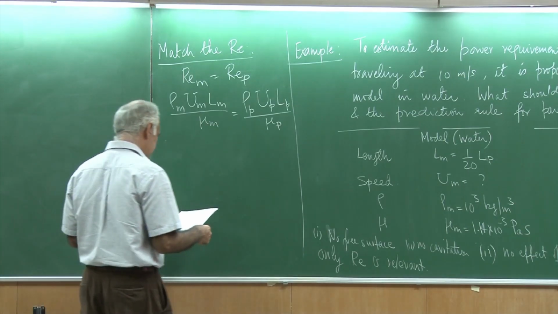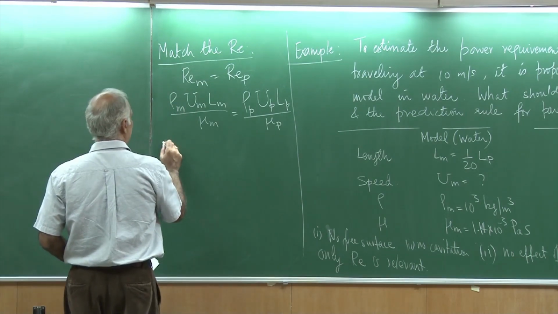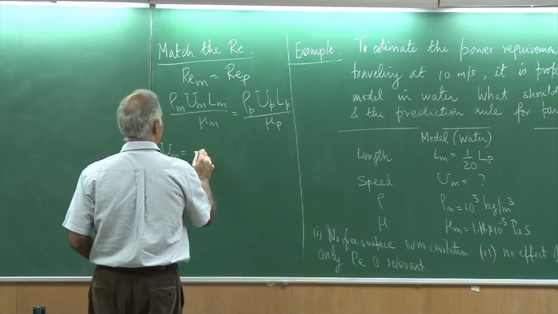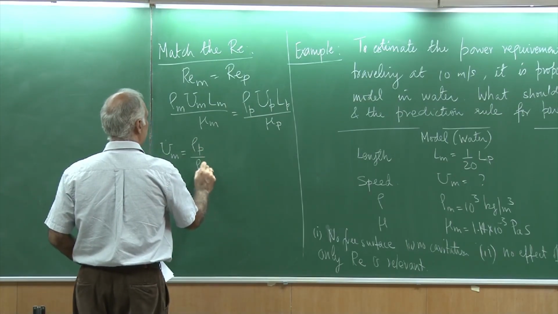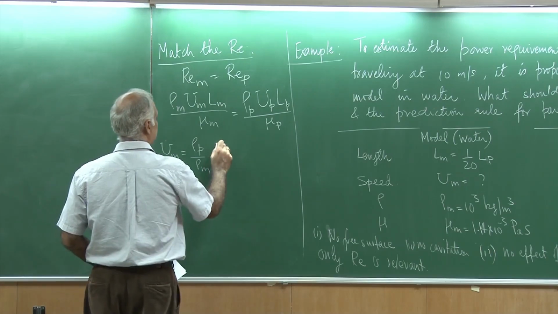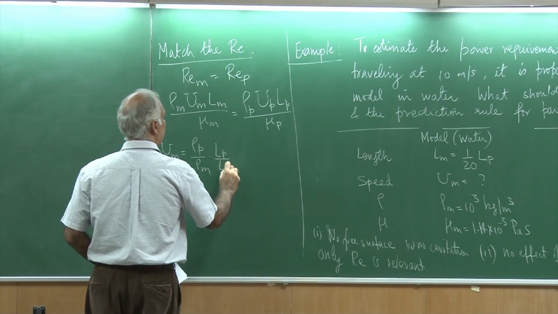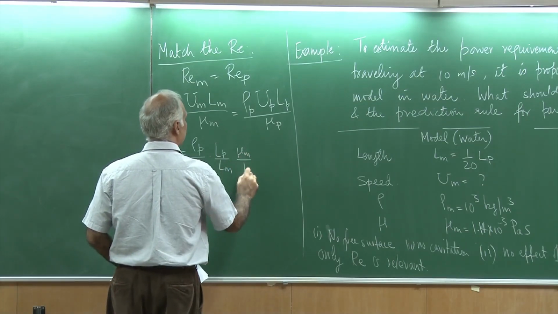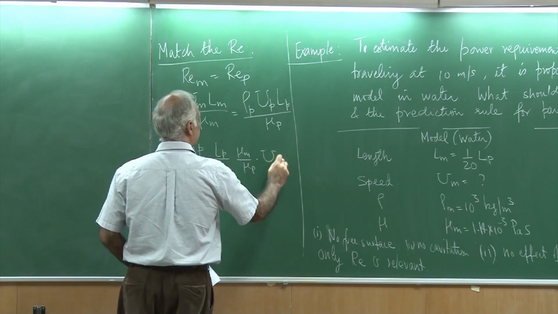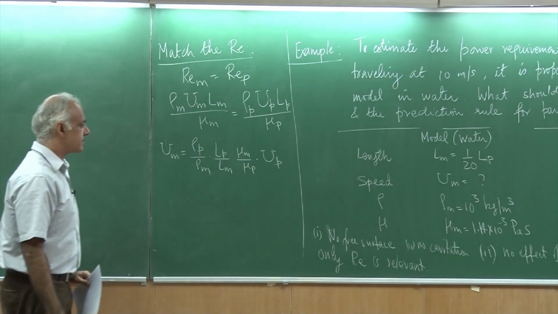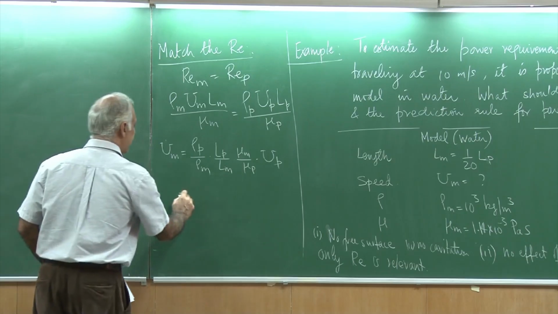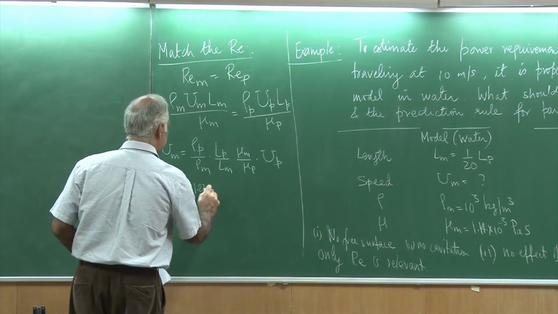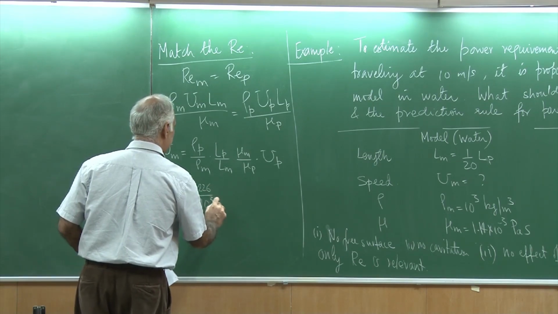So by putting in the relevant quantities, we can now estimate what is the u for the model, and that you can see would be rho p divided by rho m times Lp divided by Lm times mu model divided by mu prototype times u for the prototype. And I can plug in now the relevant numbers, and this would be 1.226 divided by 10 to the third.